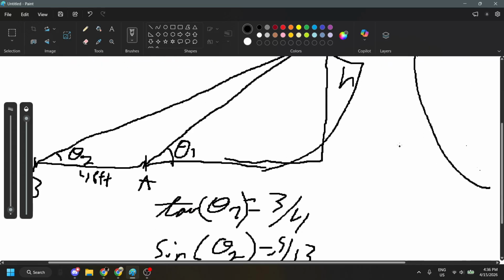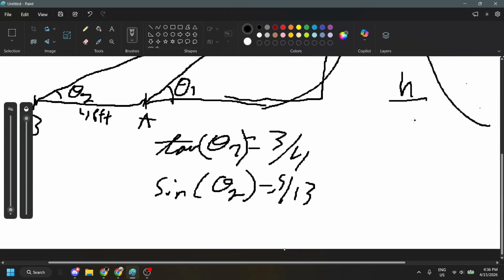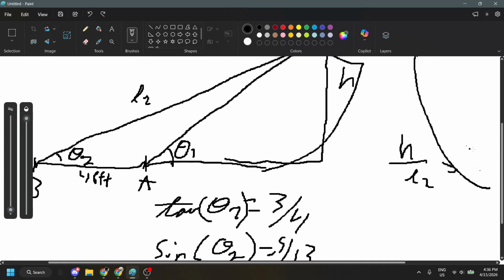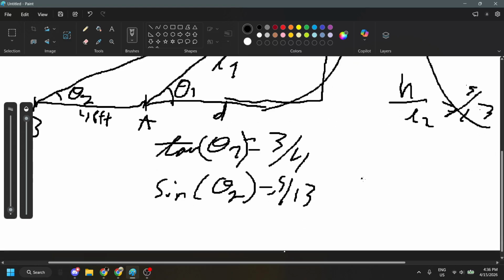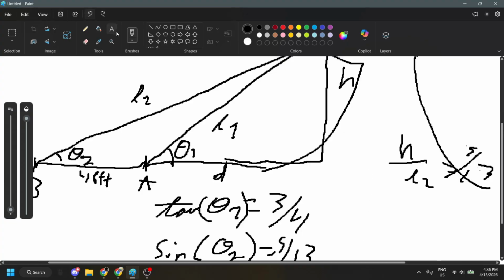We know that sine, which is h over this thing right here, we're going to call this L2, is equal to 5/13. And then if we call this d for distance, call this L1, we have h squared plus (48 plus d) squared is equal to L2 squared.